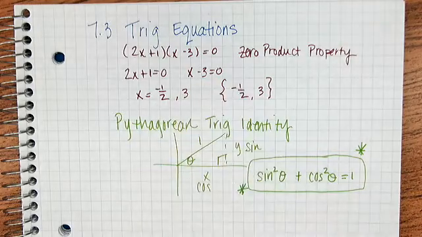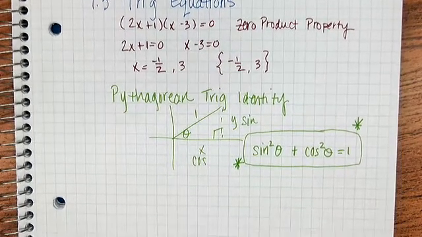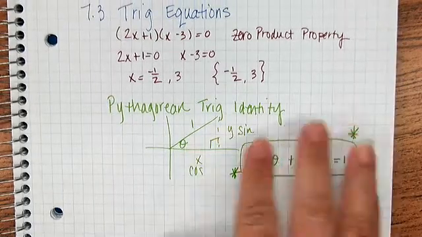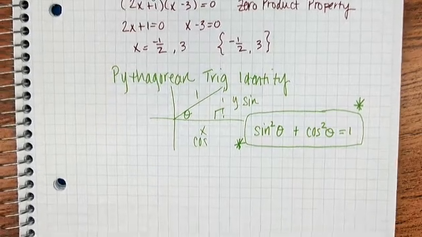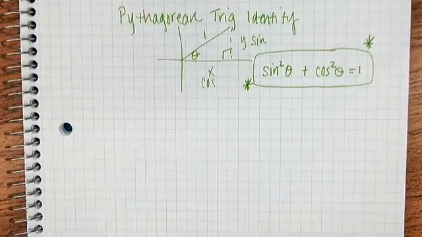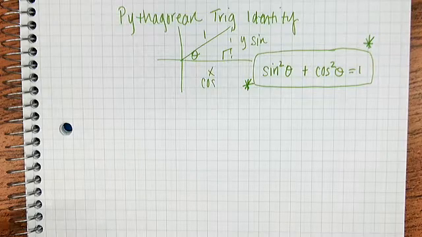Okay, so we're going to put the two things together and we're going to solve. So we've got this identity involving sines and cosines, and we've got the zero product property. So let's do a couple examples that sort of tie all these things into play.